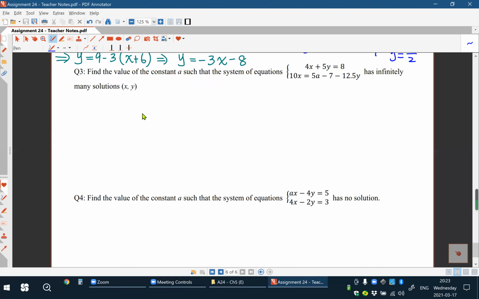Find the value of constant a such that the system of equations has infinitely many solutions. If you want to do this, first we need to solve for x or y, right? So first let's try to solve x or y there.